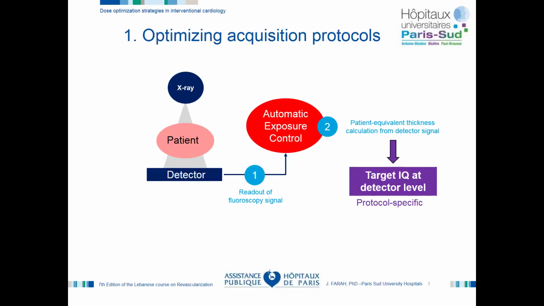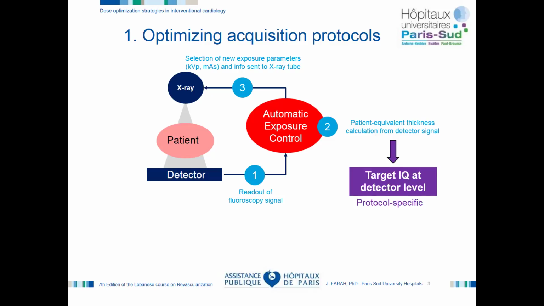So the automatic exposure control system calculates the patient equivalent thickness, looks at your acquisition protocol, says, I have an image quality to meet, and so I boost up my kVp, my mAs, or whatsoever to reach this target image quality.